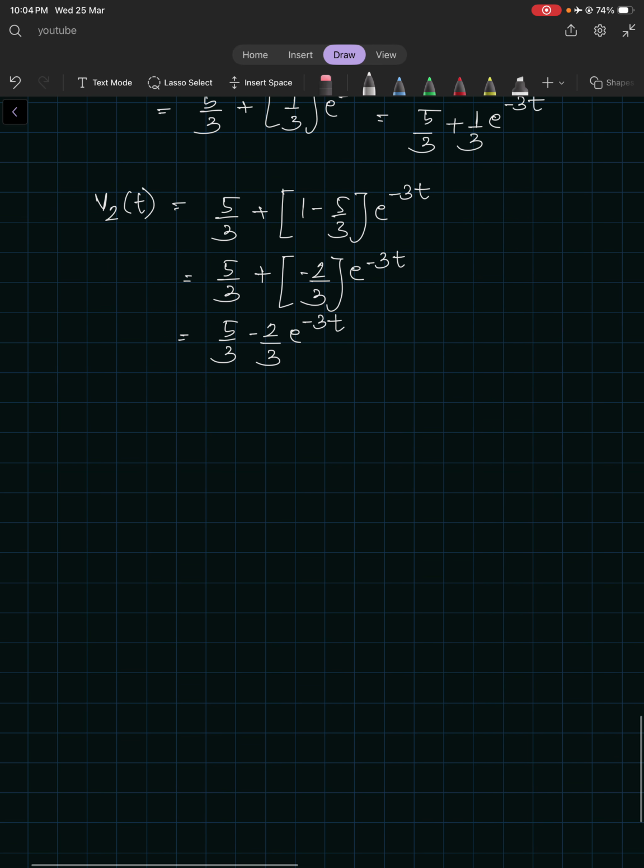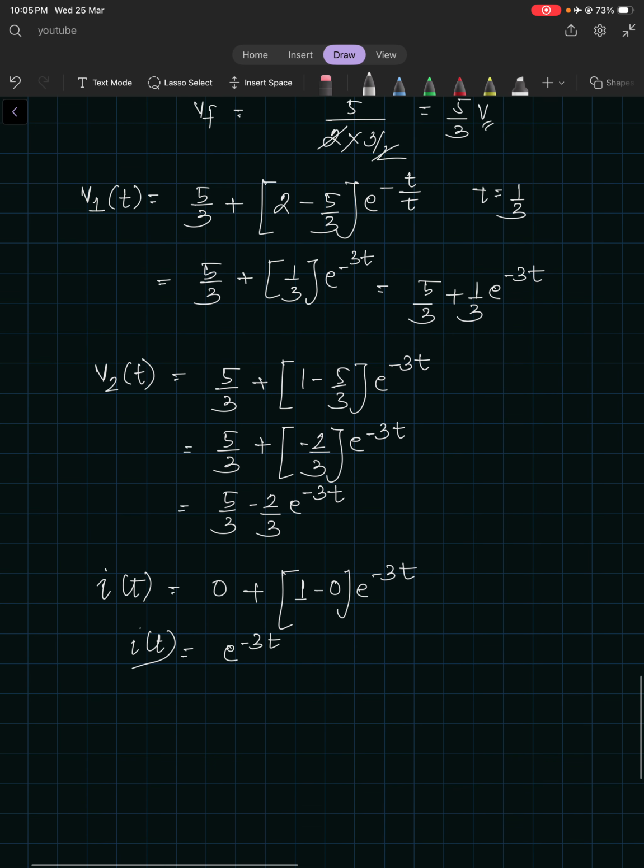Okay, so again at t equal to 0, this is 1 volt, and at t equal to infinity, both converge to 5 by 3 volts. Okay, so we got V2 also, and if you see I(t), what was the steady state value? Steady state was 0 because it was dying, plus the initial condition, which had some value, times e to power minus 3t. Fine. So you can see e to power minus 3t for I(t).